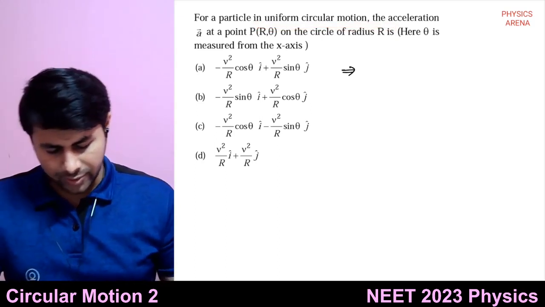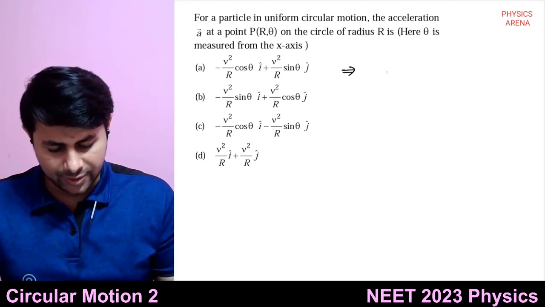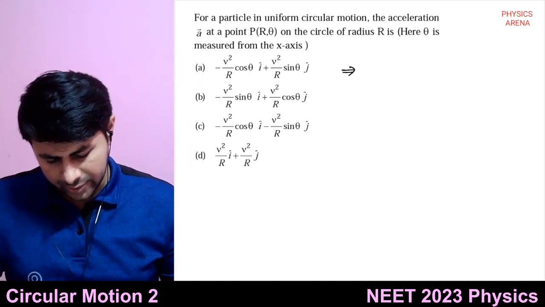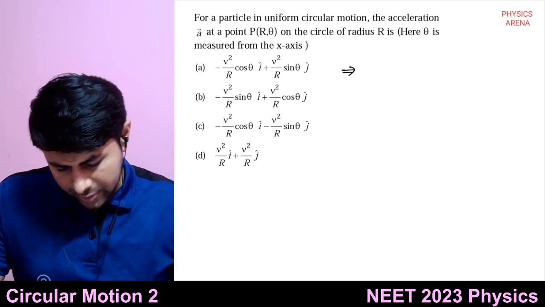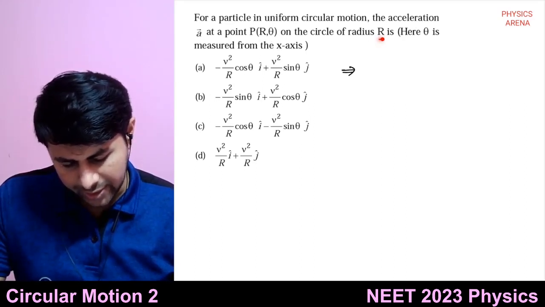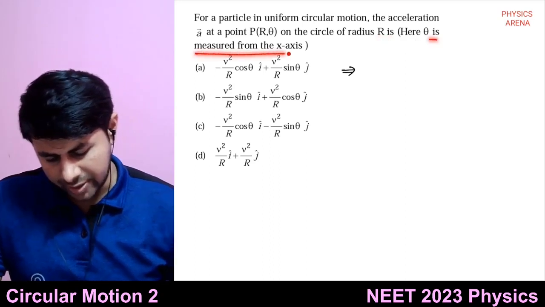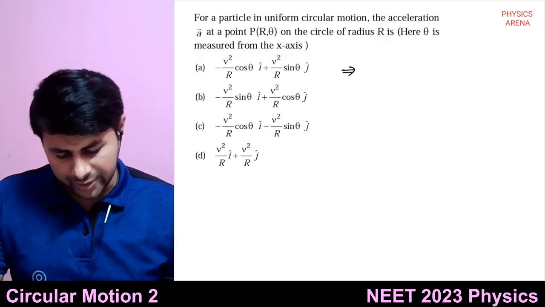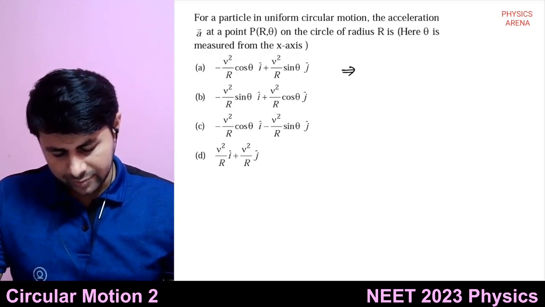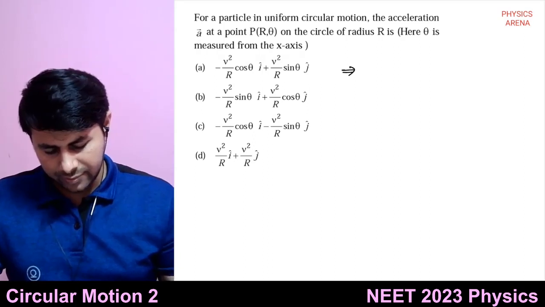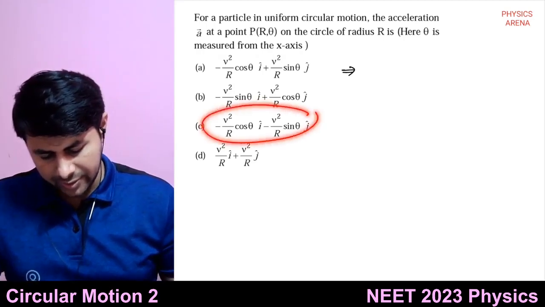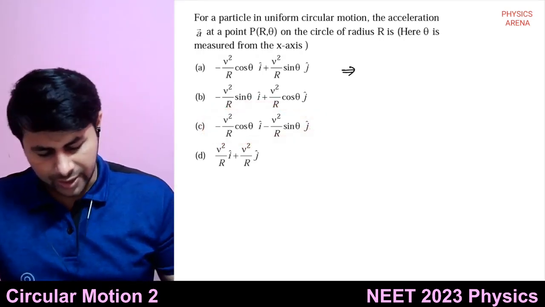So what is the centripetal acceleration? Here theta is measured from the x-axis. Can it be minus omega square r?